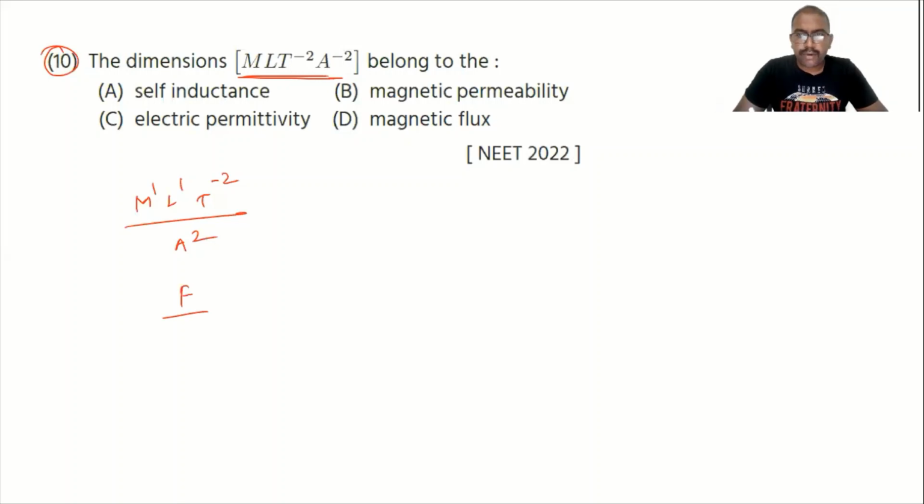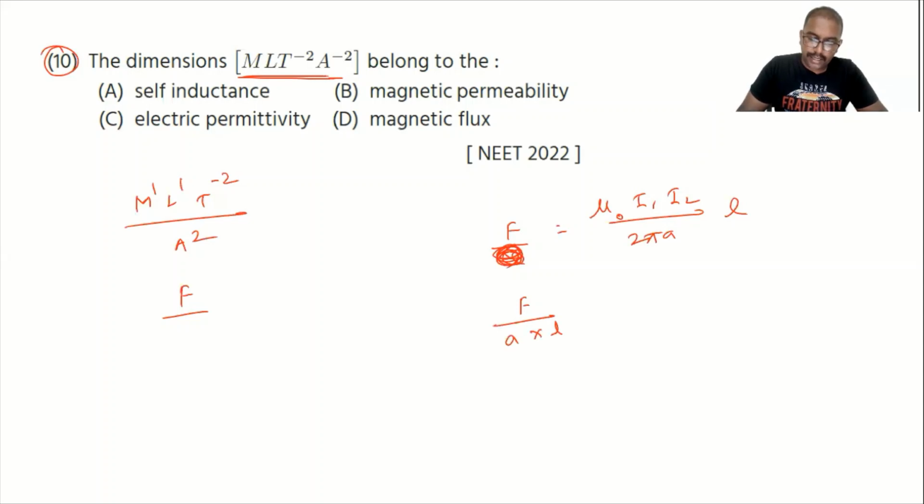So for this type of formula, we know one formula: force per unit length is equal to mu 0 I1 I2 divided by 2 pi A. Or I can write this by transferring L to this side. So F divided by L, where A is a distance and L is a length, is equal to mu 0 divided by 2 pi, I1, I2.